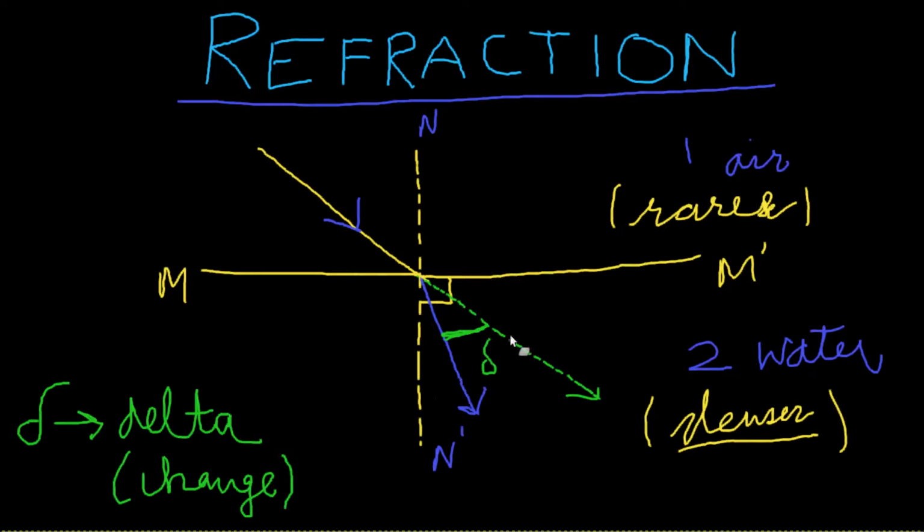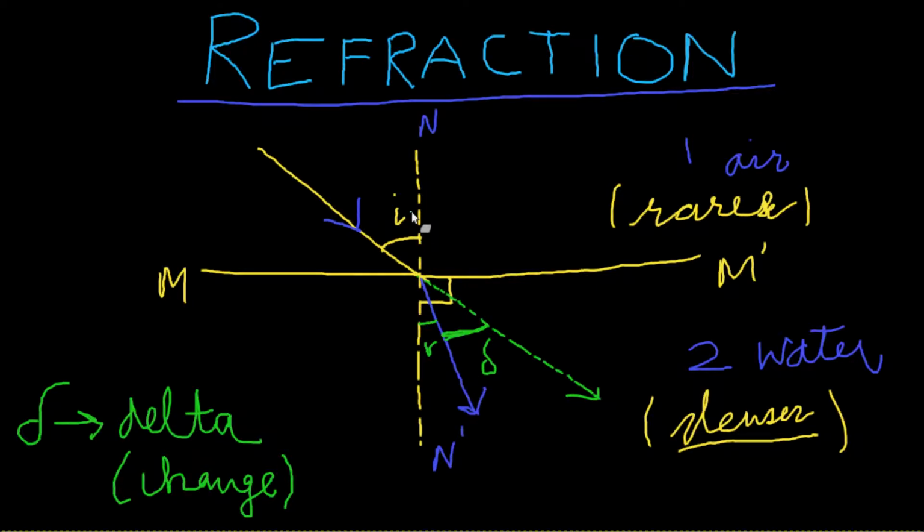And this would be my I. And what would be the I? I is just the angle of incidence, and this would be my R. So as you can see, this I should be equal to this angle right here, due to vertically opposite angles.